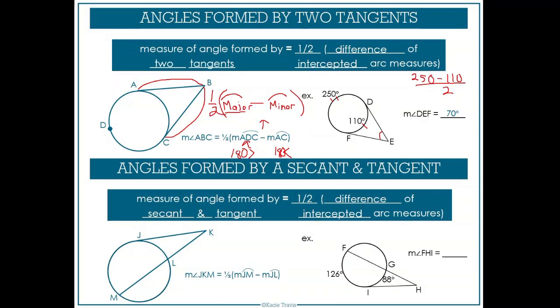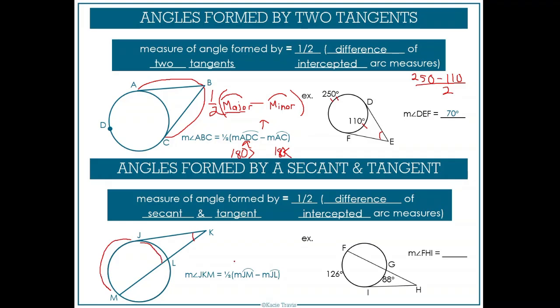In our example here, to find angle JKM, which is this one right outside, I take half the arcs' difference. So this first arc, JM, that's this outside one. And this one, JL, that's this inside one right here.